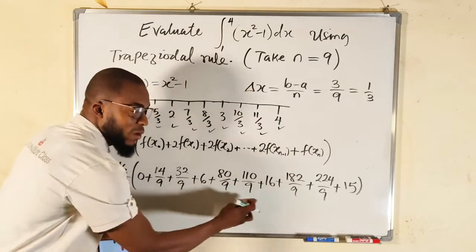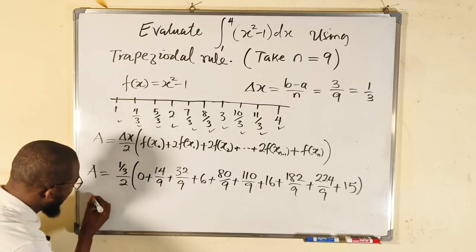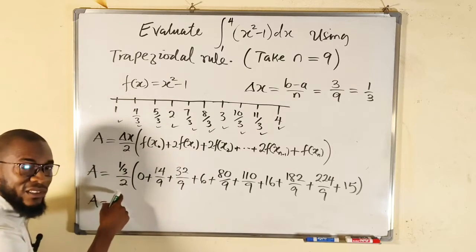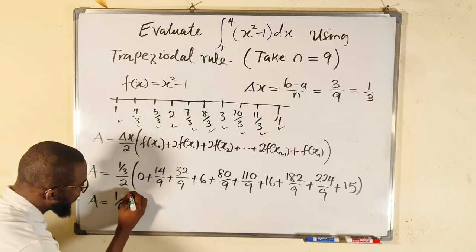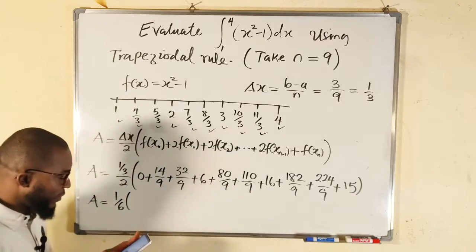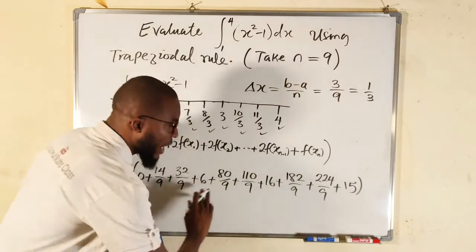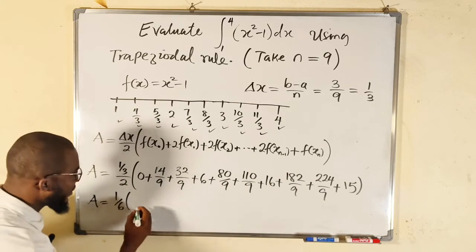So we are going to add all of this together, then we multiply by this. Area is equal to 1 over 3 divided by 2. That will give us 1 over 6. 1 over 6 multiplied by, let me take my calculator and add all of this together. So after I have added all of this together, I got 325 divided by 3.